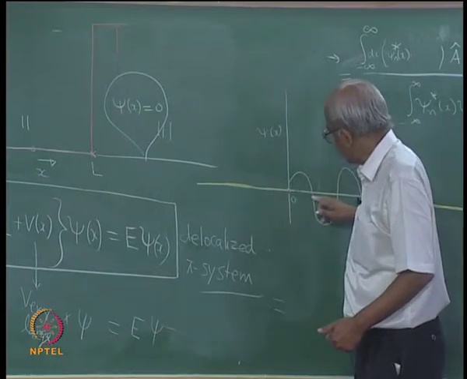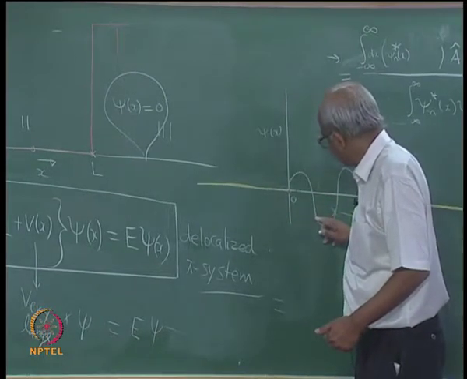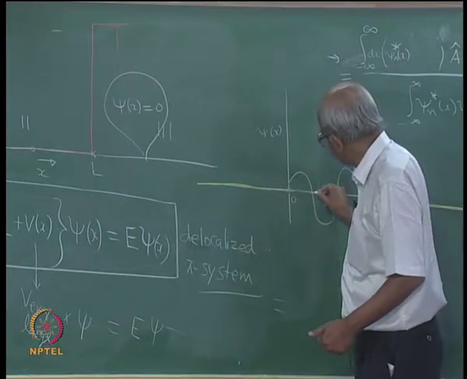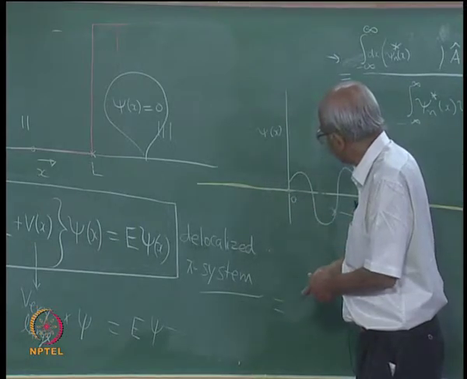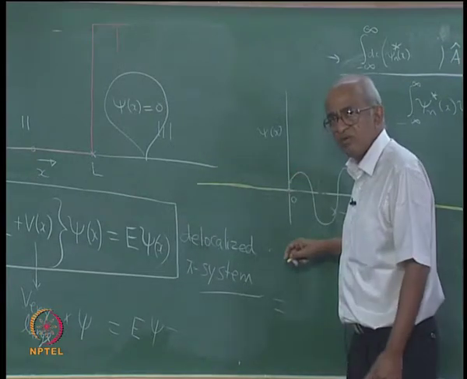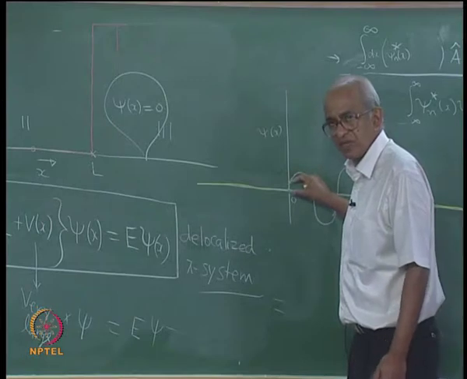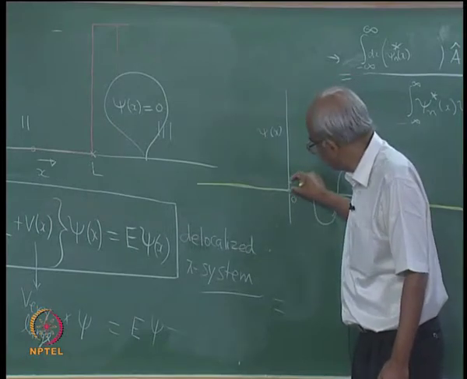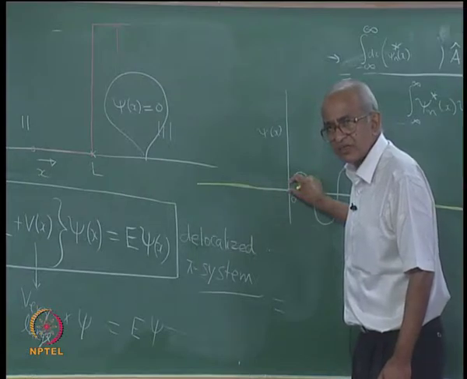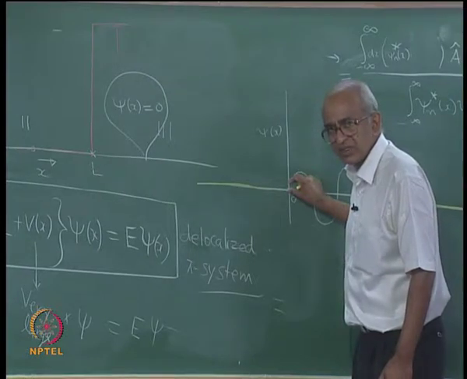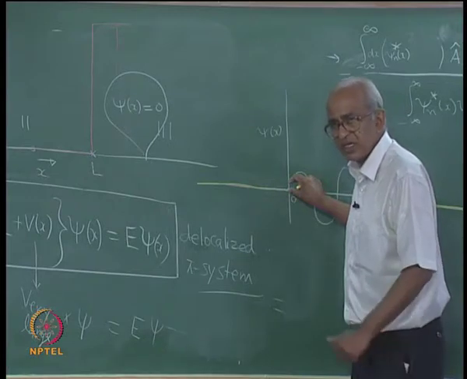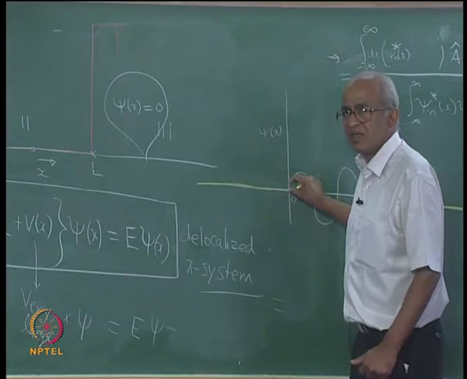While on the other side, suppose you are approaching x is equal to 0 from the right hand side, what happens? The value of the function actually approaches that value in the way I have made this plot, and therefore, the wave function actually changes in a discontinuous fashion at x is equal to 0, and that is something that we do not want. This is something that I have described earlier.